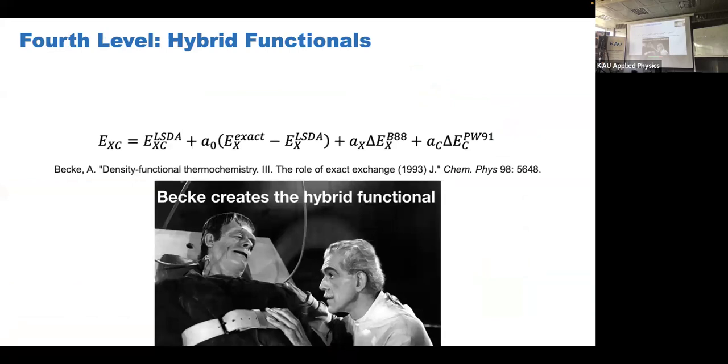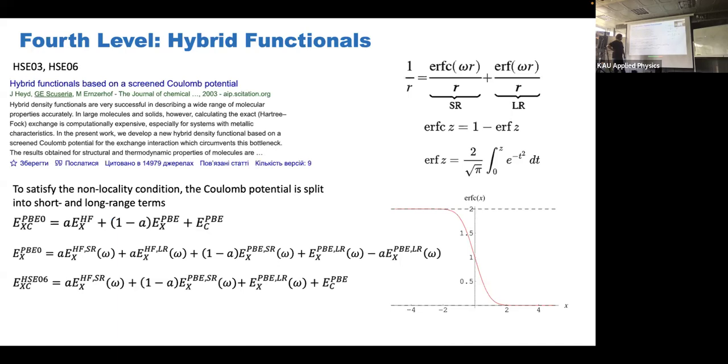For some problem, we know that, for example, in this material there will be some non-local interactions, and then we create some exchange potential, a hybrid potential, to deal with this problem. What's the idea? The idea is to add some non-local parts.